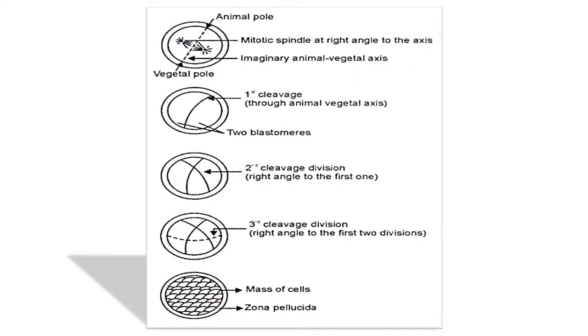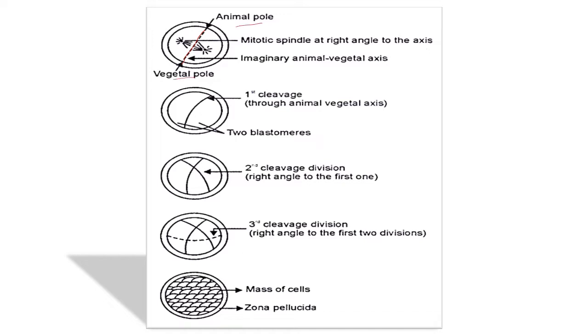So this is the representation of the previous slide. In the previous slide we studied that the first cleavage division is initiated along the animal pole, vegetal pole axis. So what are this animal pole and vegetal pole?